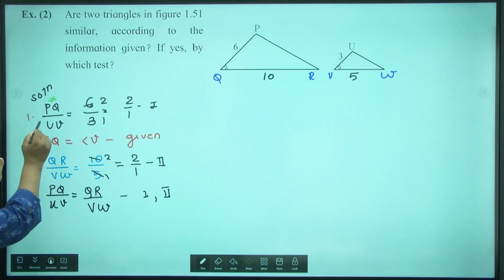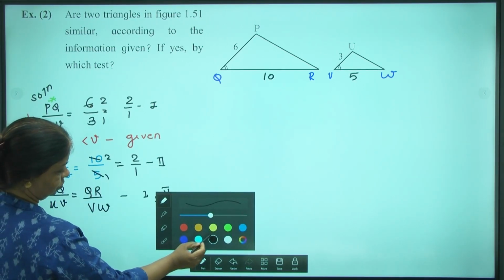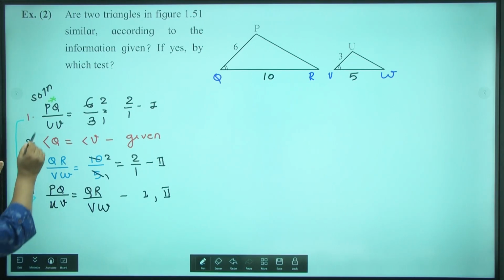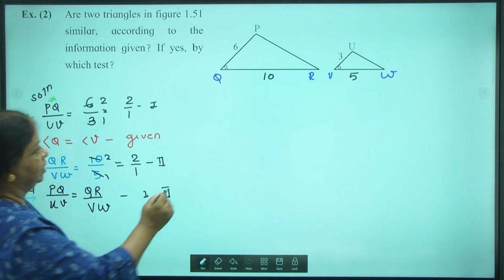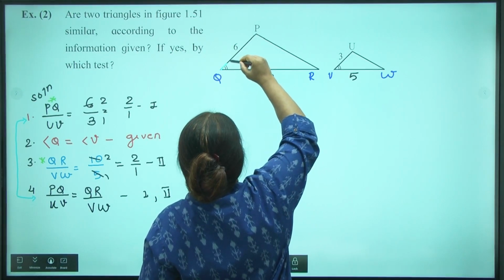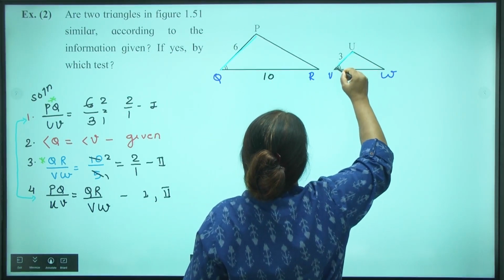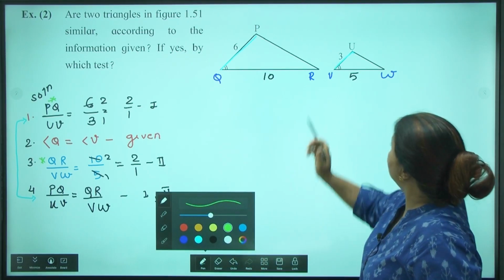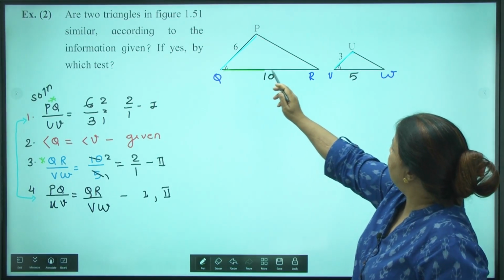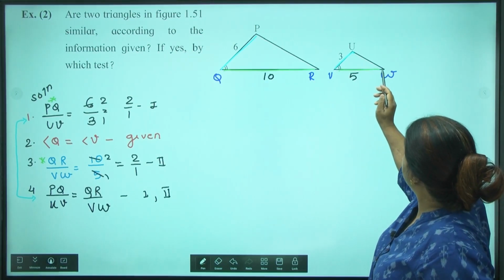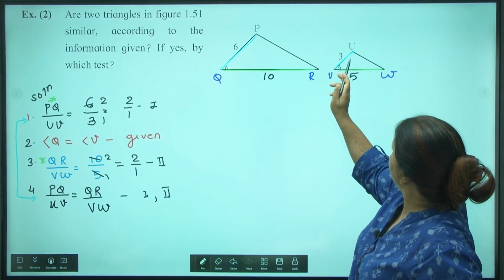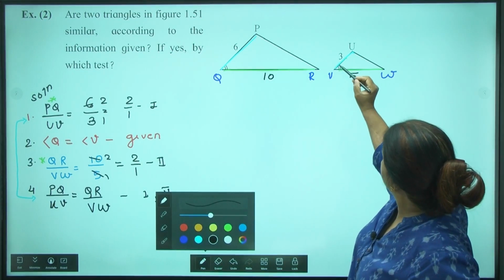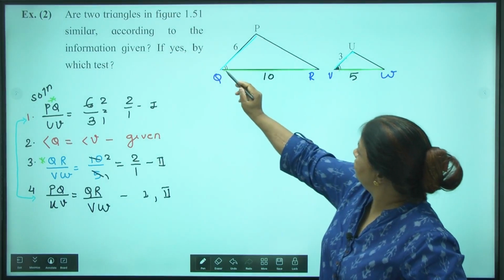These two ratios are equal. This line upon this line is equal to this line upon this line, and in between these two lines the angles are equal.